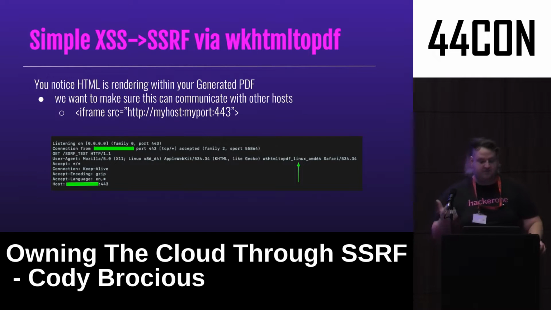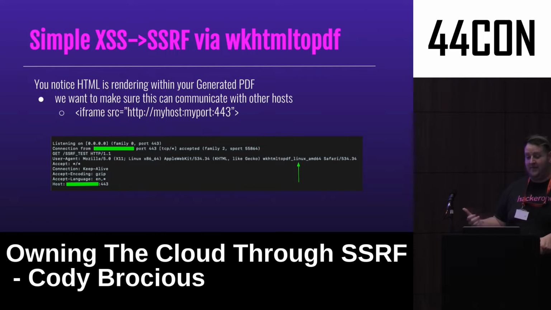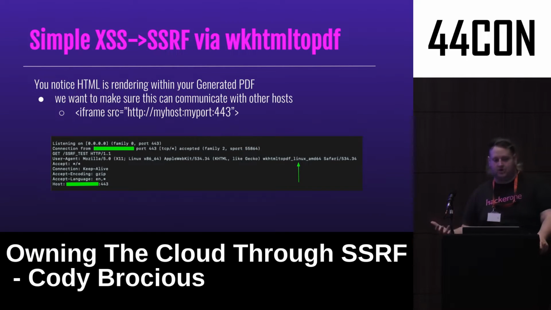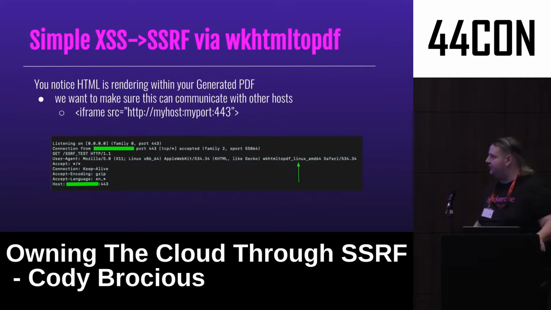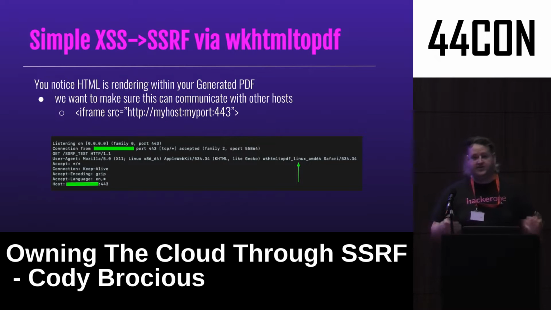We can usually put in an iframe or even an image source, point it to some host that you control, and if you just run netcat on there, you'll see a connection where it just handily tells you wkhtml Linux AMD64. And then you know exactly what engine you're up against. You can figure out what your target is.